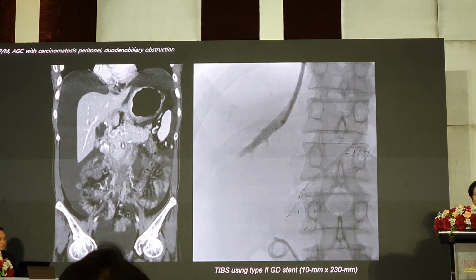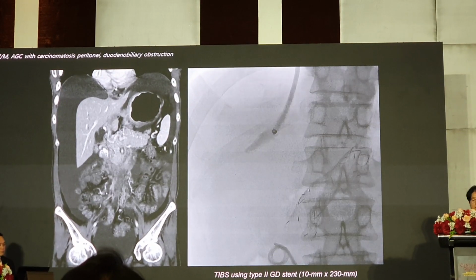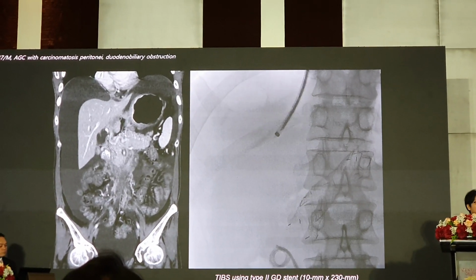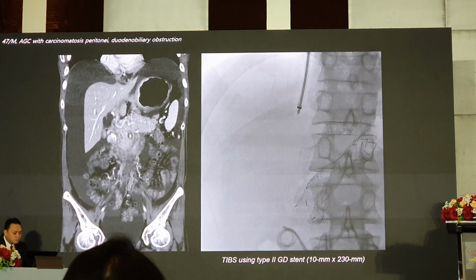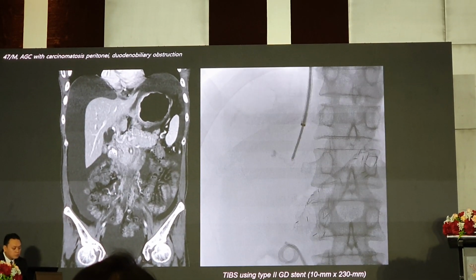So let me show you the case. This patient also had a similar situation. So I punctured the bile duct.